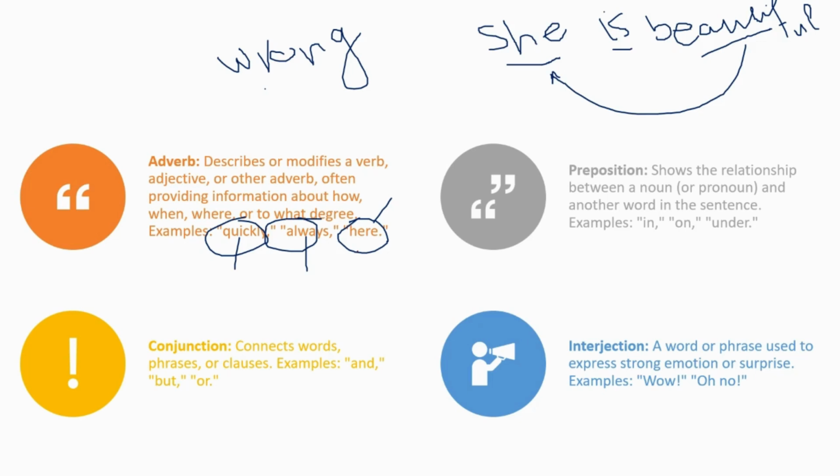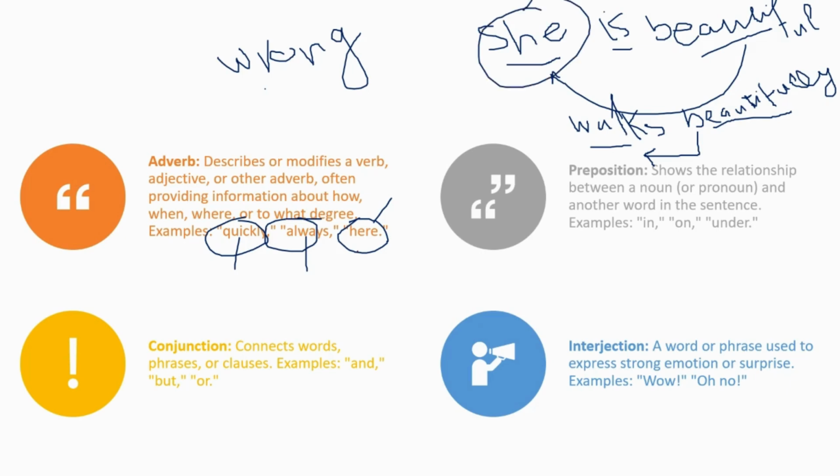And if I say she walks beautifully, now look at this word, beautifully. Is it telling that she is beautiful? No. It tells how she walks. She walks beautifully. She may not be beautiful; this is just an example.